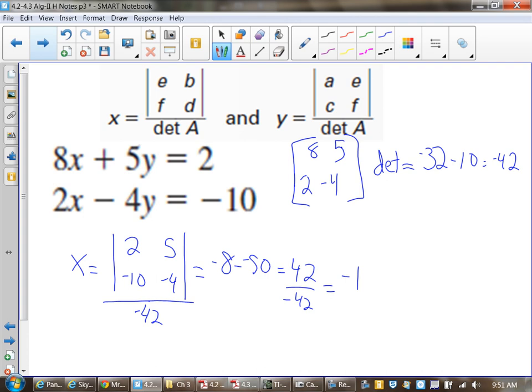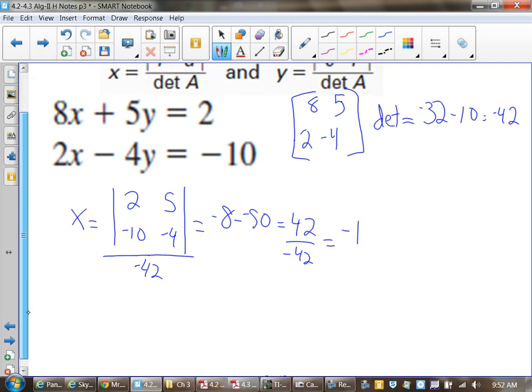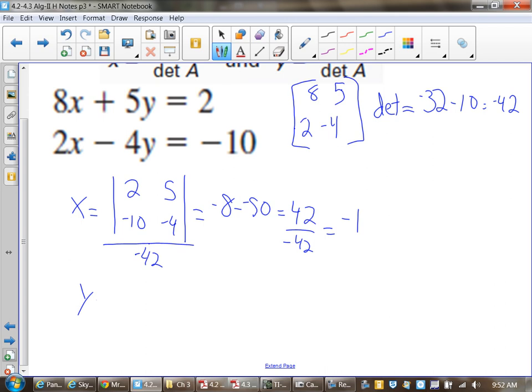We do the same thing to solve for y. Now I put my answer column in for y. 8 and 2 for the x column. Negative 80 minus 4.